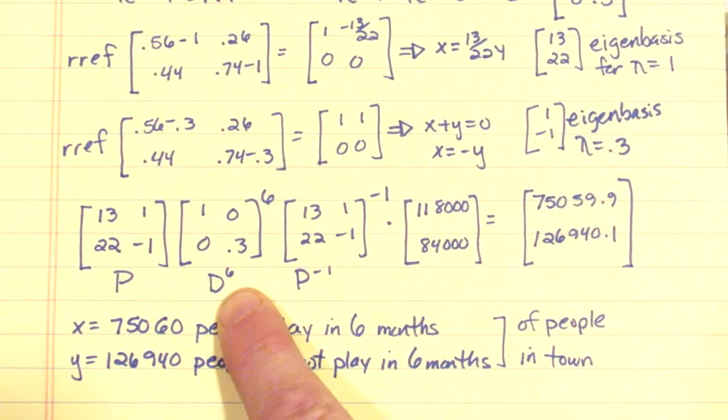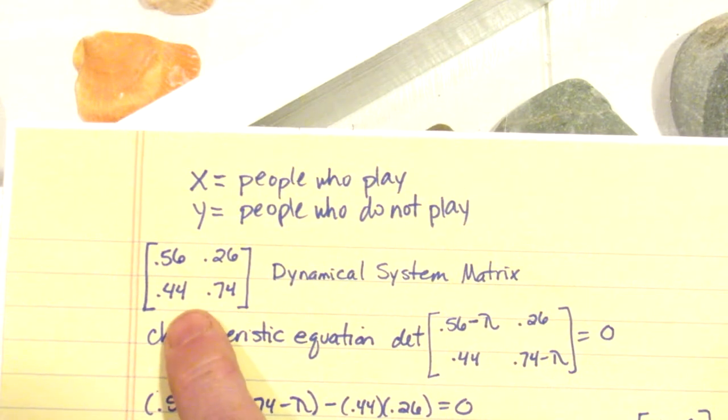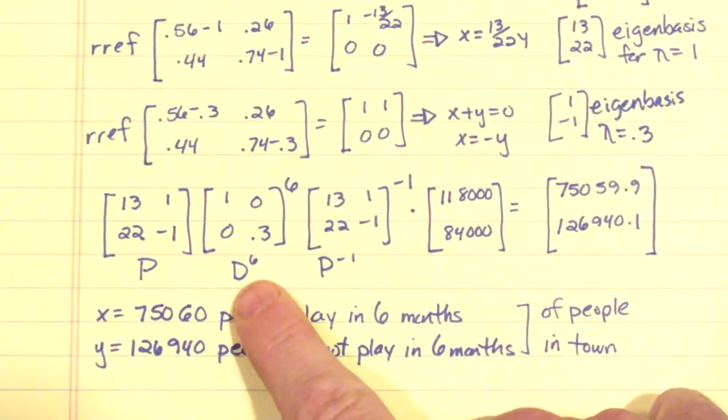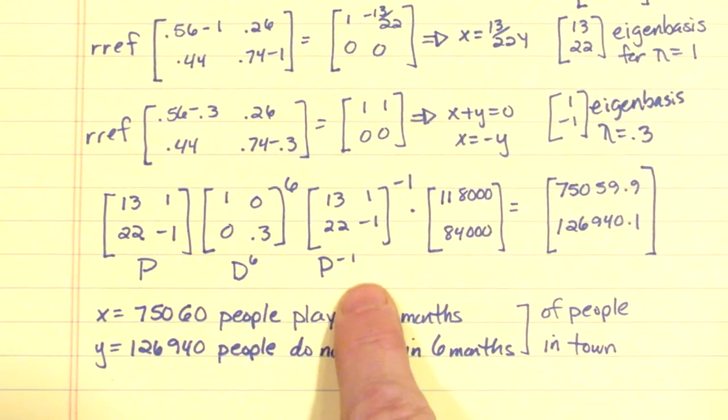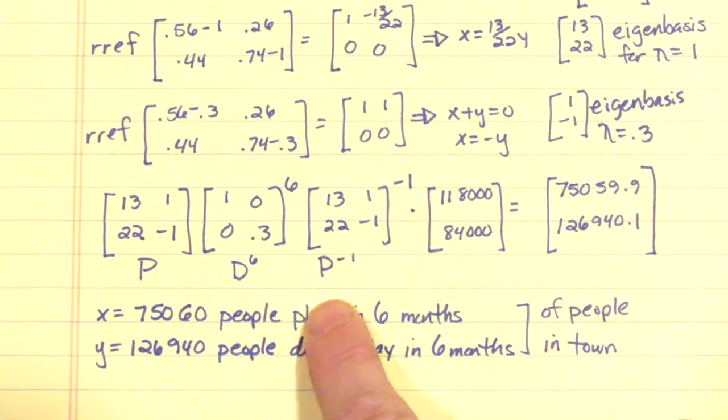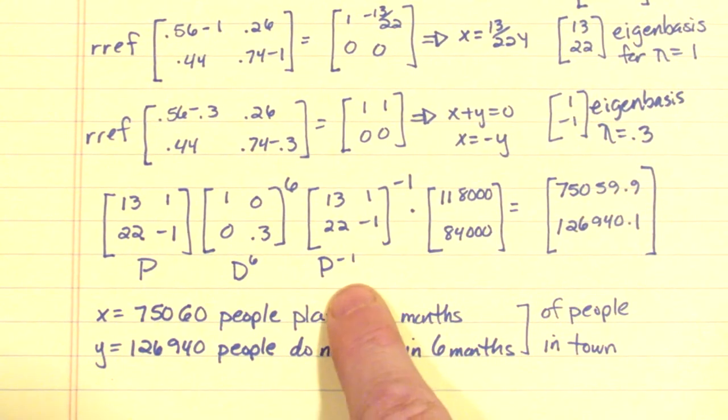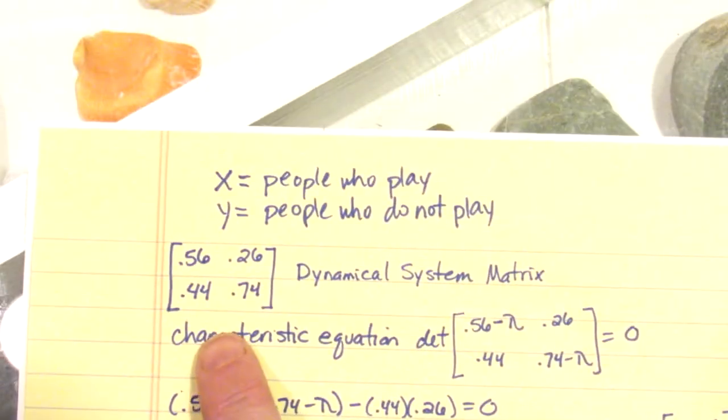So it's going to take your calculator or a computer fewer steps to calculate this to the 6th power than if we used the original matrix. And it raised to the 6th power multiplied by P and P inverse in the order that we have them will give us an equivalent matrix to A to the 6th power, A being our original dynamical system.